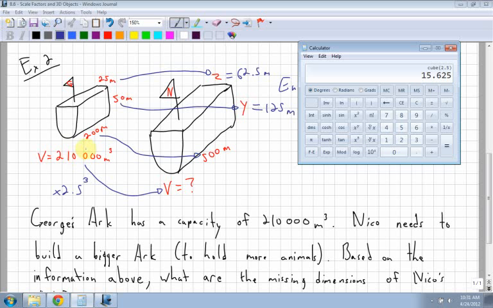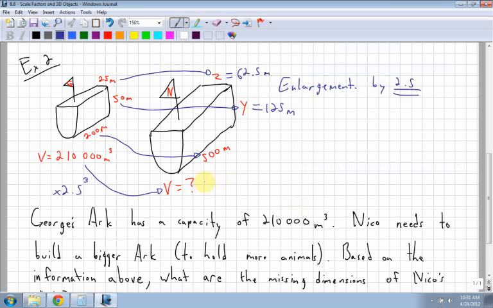That means my volume will increase by that amount. So I multiply it by my 210,000 and I get a volume of 3,281,250 meters cubed. So it can hold a lot of animals.